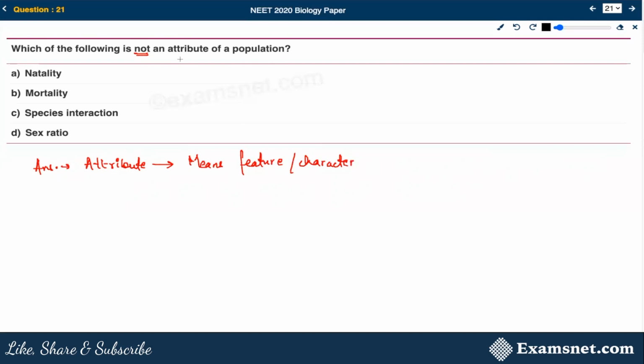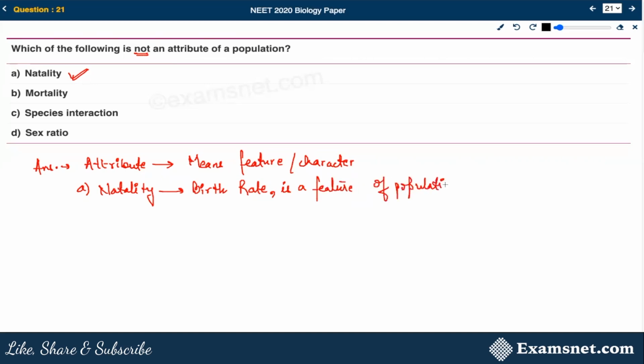Now we have also studied that one of the characters of a population is natality, because natality is called the birth rate. So natality, which is called birth rate, is a feature of population. All right.